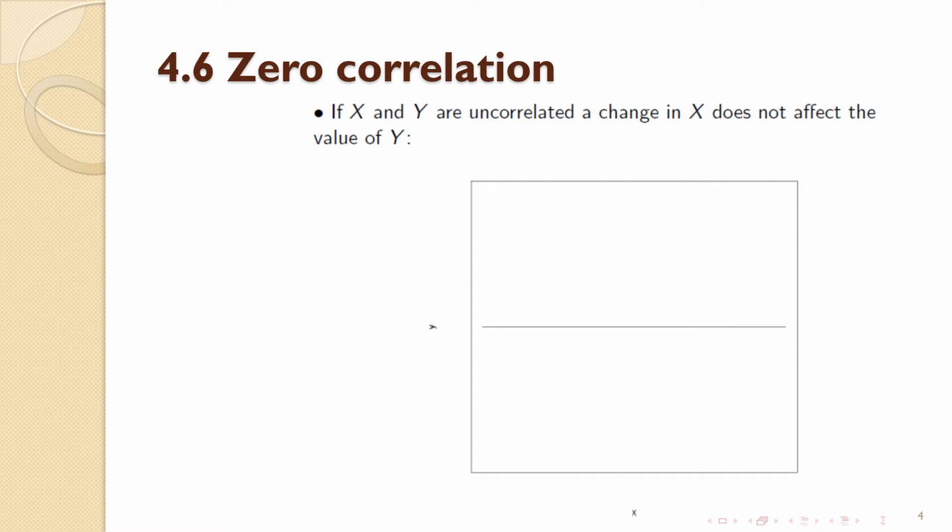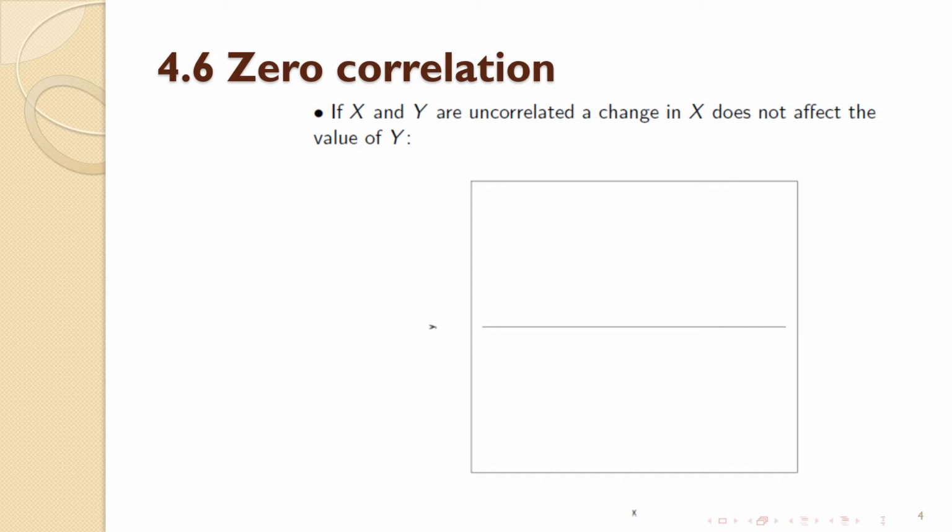If x and y are uncorrelated, then if you make x bigger or make it smaller, it has no impact on the value of y. Okay, and although it's an absurdly simple picture, this does have a lot of relevance when it comes to the systematic treatment of regression type models and some of the tests that we'll talk about later on in this course.